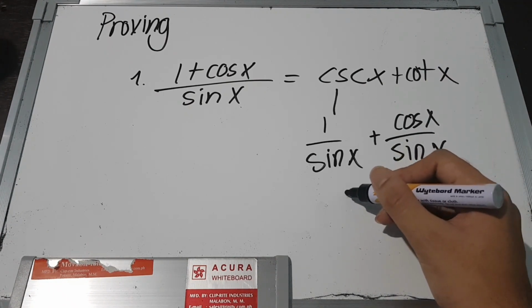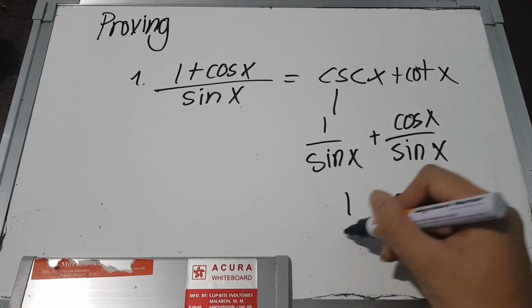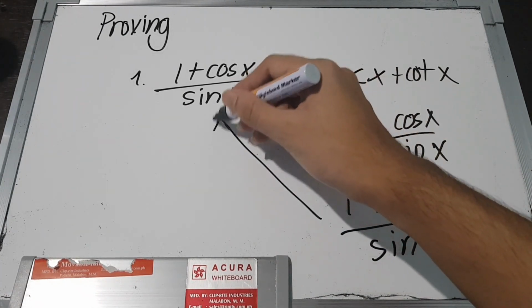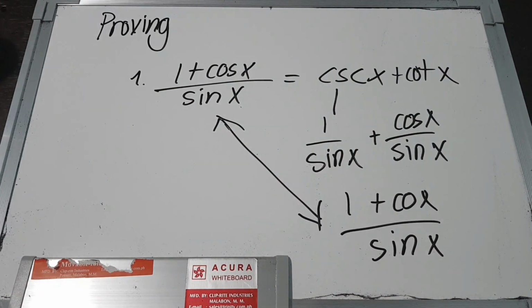So our answer would be 1 plus cosine x over sine x, which is equal to our left-hand side. This means we just proved that 1 plus cosine x over sine x is indeed equal to cosecant x plus cotangent x.